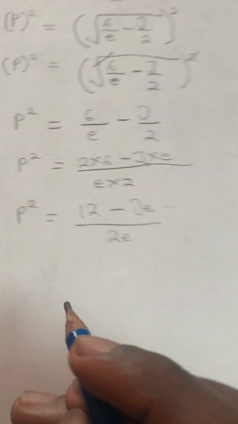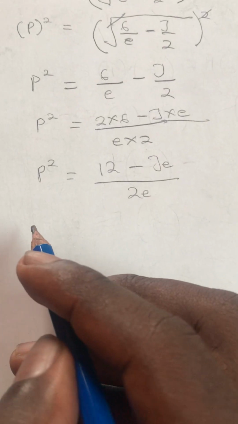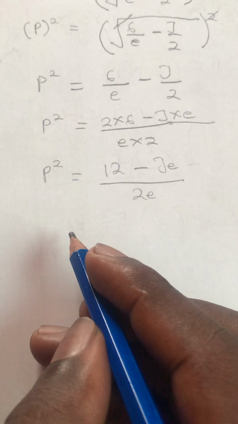So this is our new equation: P squared equals 12 minus JE over 2E.